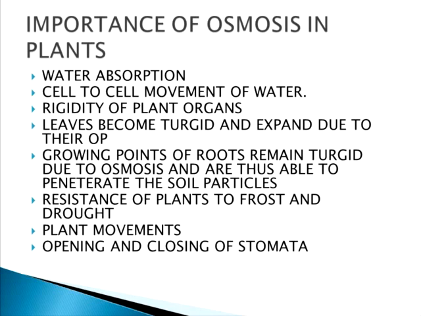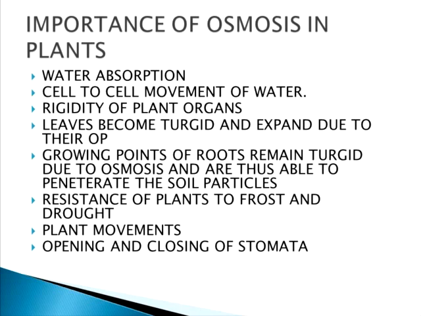So osmosis plays an important role, as you will study more about in ascent of sap, water absorption, salt uptake, and further chapters, how osmotic potential plays a role in these metabolic processes of the plant.